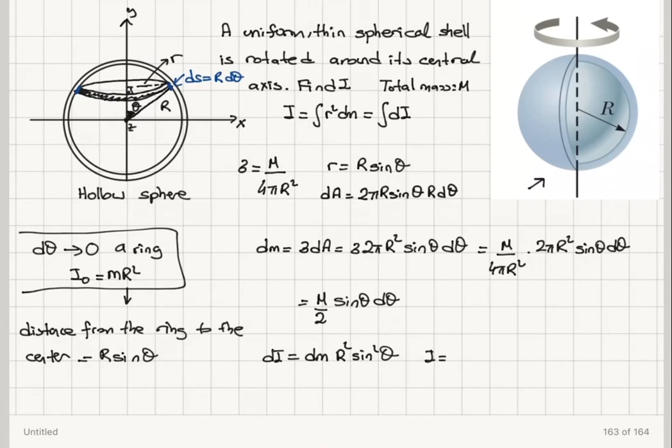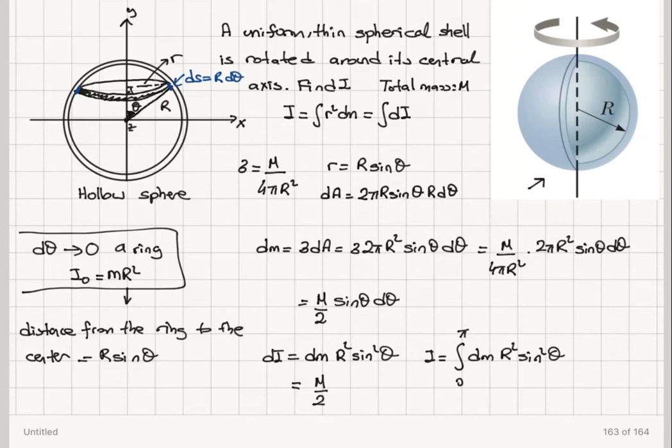So the total moment of inertia here, I, is the integral. The angle has to go from 0 to pi, so that I will cover all such rings, dm integral dI, which is r square sine square theta times dm. And so let's calculate what this dI is.